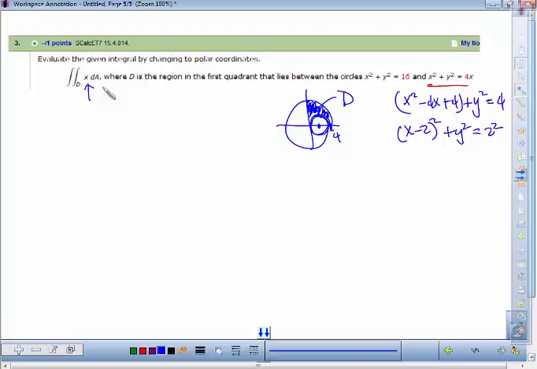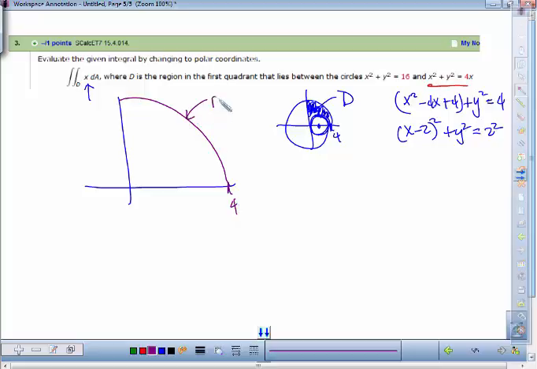All right, so we want to describe this in polar coordinates, so let's see if we blow this up a little bit. This outer circle can be described in polar coordinates as the function r is equal to 4.